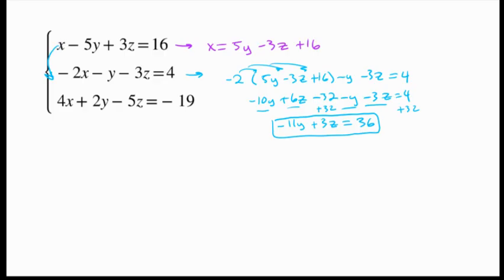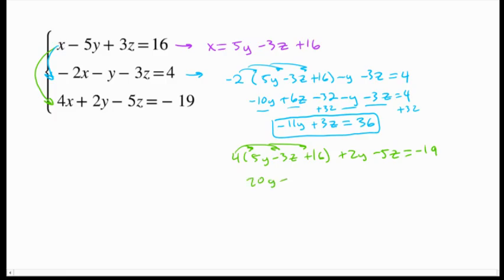So next I have to plug this x value into the third equation, because I need two equations with two variables. Don't mind the bell. Now I have 4 times 5y minus 3z plus 16 plus 2y minus 5z equals negative 19. Going to distribute. Again, it's the same process here every time.